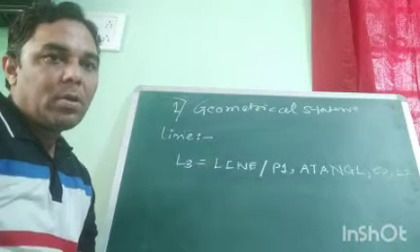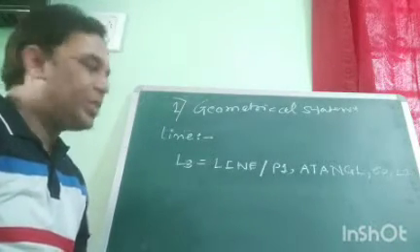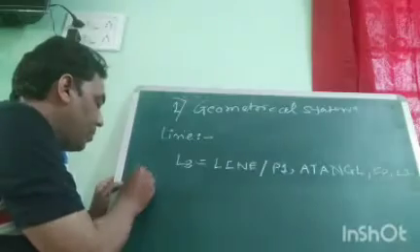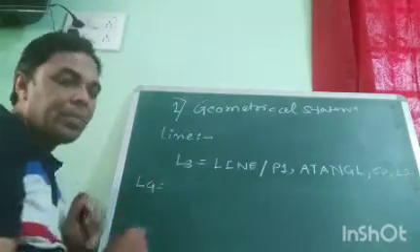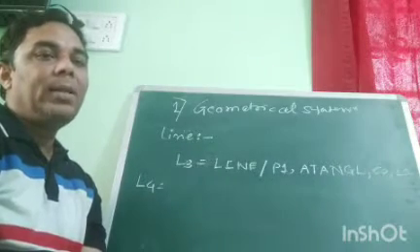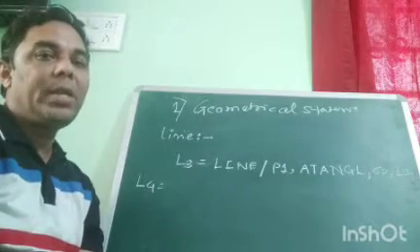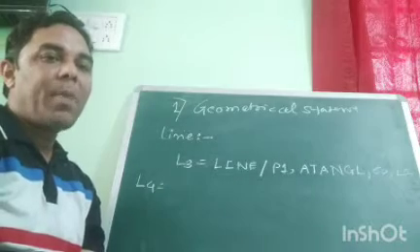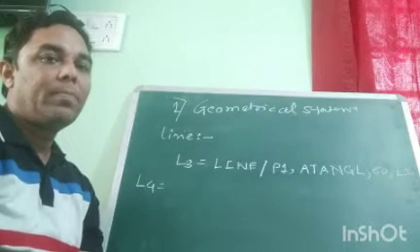Right. Now let's see the next example where the L4 line forms an angle of minus 120 degrees and passes through a point P1.